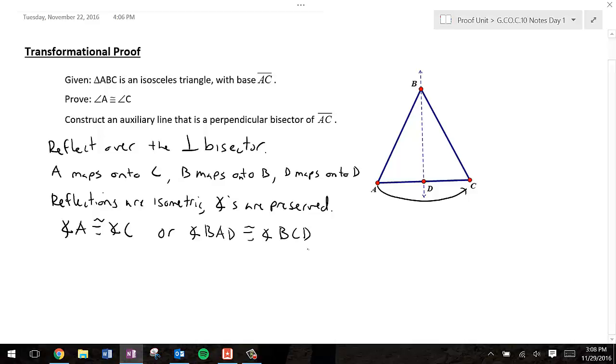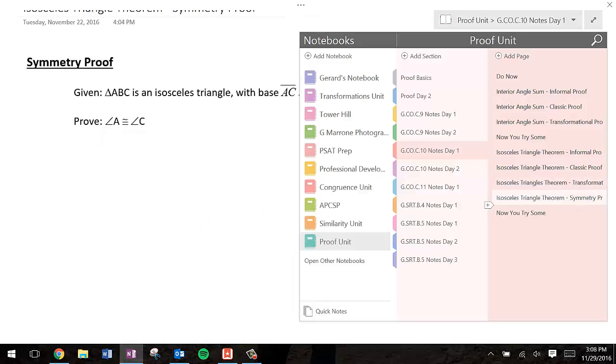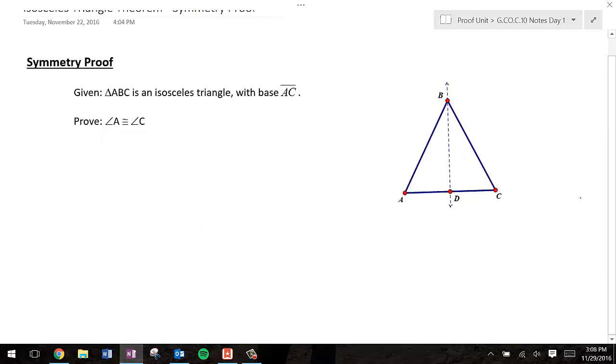Okay? And a more formal version of our folding proof from the informal one at the beginning is if I use symmetry, isosceles triangles, they have one line of symmetry. And that was from G.CO.A.3 all the way back.